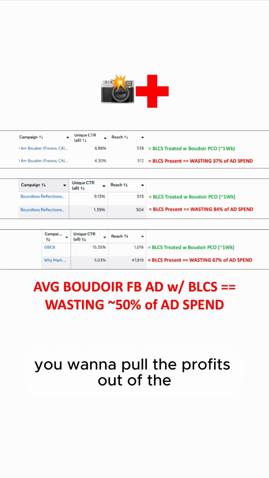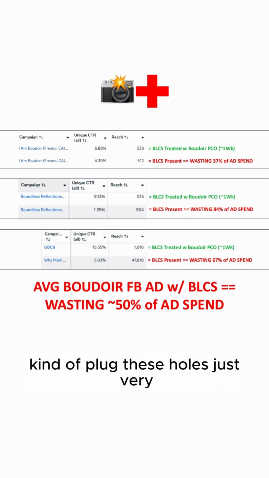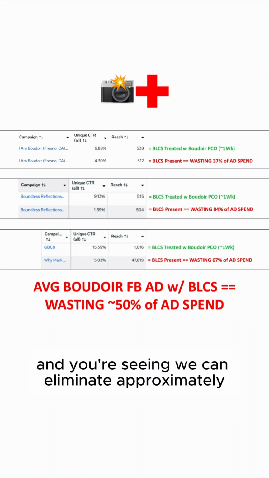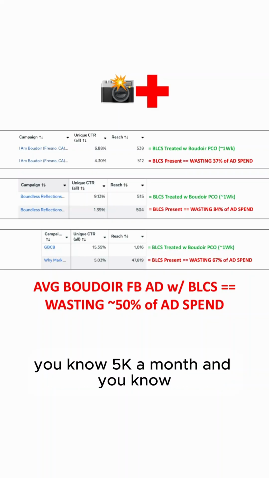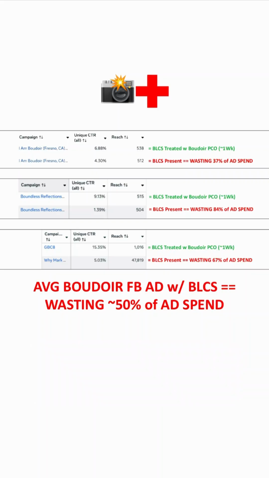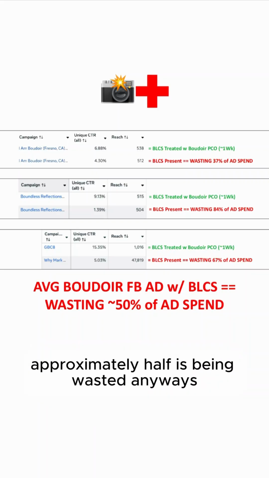You want to pull the profits out of your Facebook ad part of your business, kind of plug these holes, which is very quick, takes only about a week. And you're seeing we can eliminate approximately 5K a month, approximately 50%, in wasted Boudoir Facebook ad spend. Put that back in your pocket instead of Zuck's, because we already know approximately half is being wasted anyways right now.